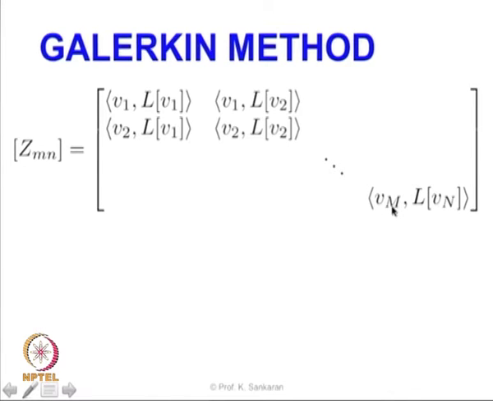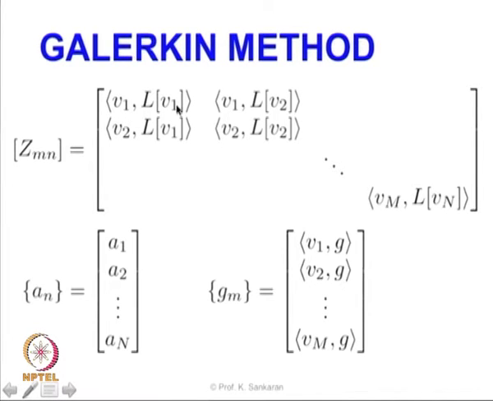Remember, in the old case our left hand side was a function of W and V, but here we say we are having them both the same, so you will have only V in both the first and the second term. And also on the right hand side, instead of W we will have the basis functions V of m.